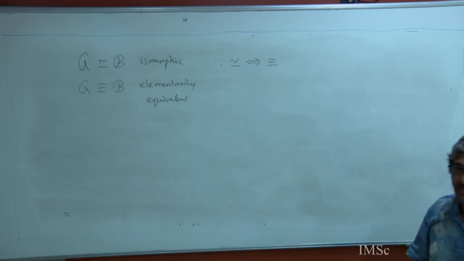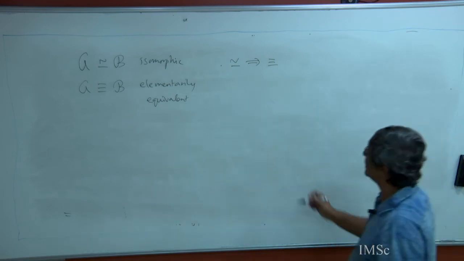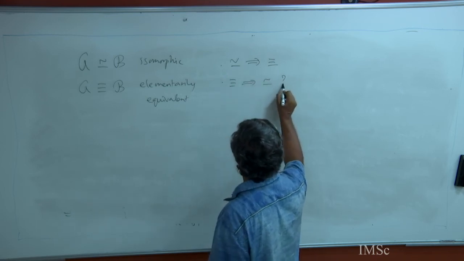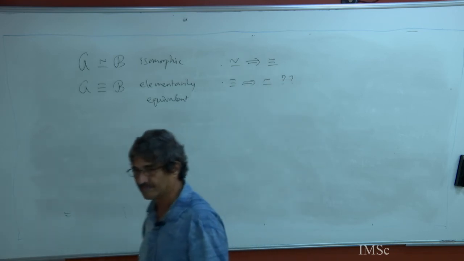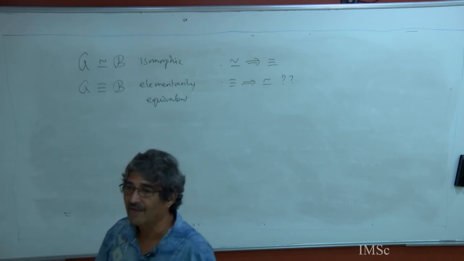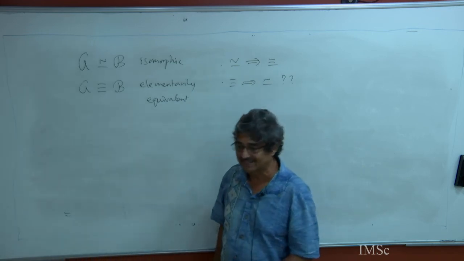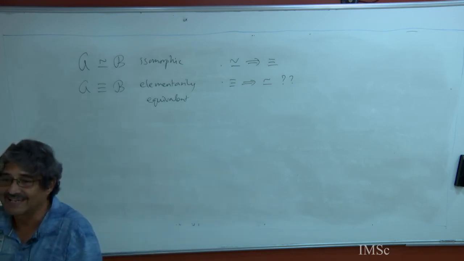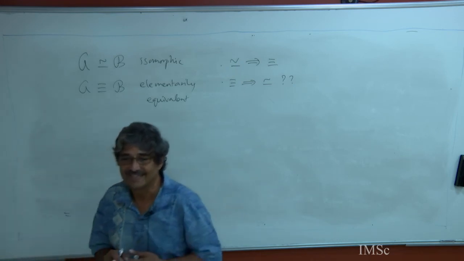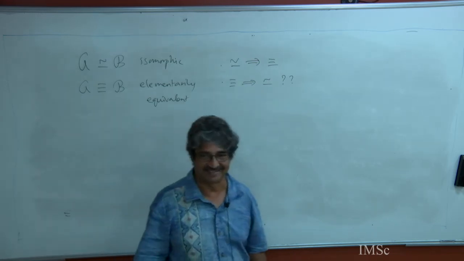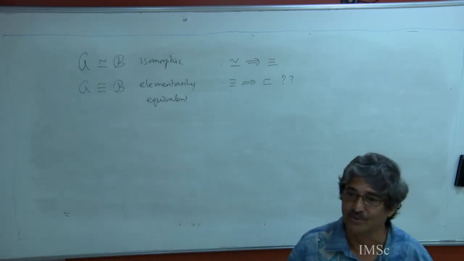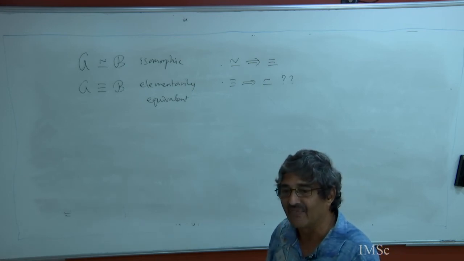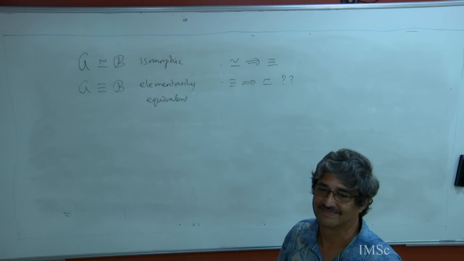If isomorphic structures satisfy the same sentences, what about the converse: does elementary equivalence give you isomorphism? If it were true, let's see what the implication would be. It would mean every structure can be defined up to isomorphism.